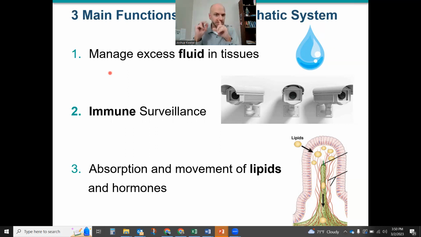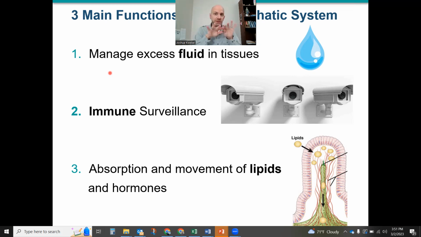That's very important. Number two, immune surveillance. This is the system that is continually searching, surveying, watching out for bad guys. When I say bad guys, I mean microbes that want to cause us harm: bacteria, viruses, cancer cells, other cellular debris that can otherwise accumulate in our bodies.